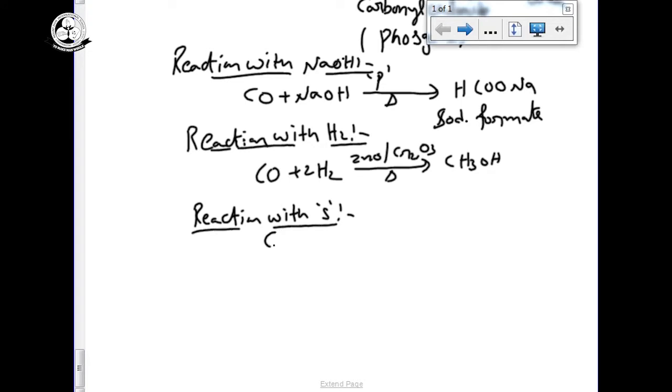Reaction with sulfur: carbon monoxide reacts with sulfur to give COS. The name of this compound is carbonyl sulfide.